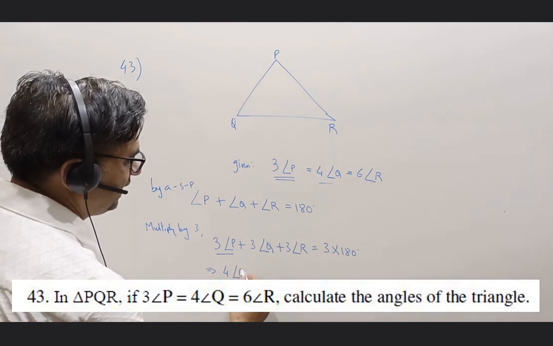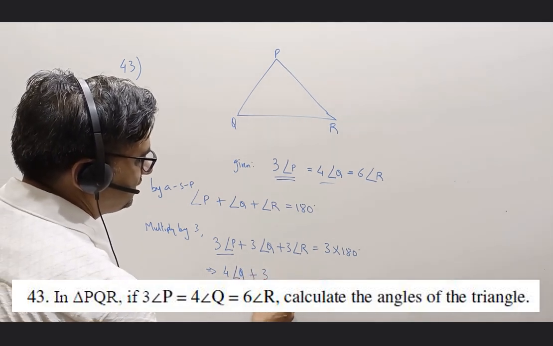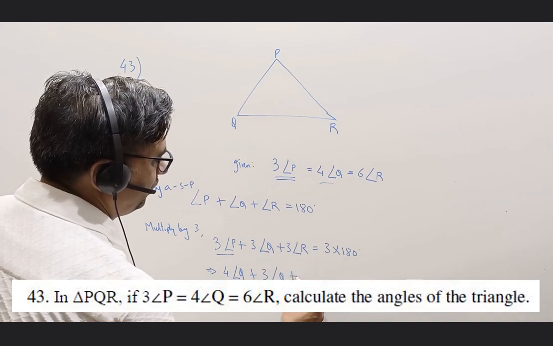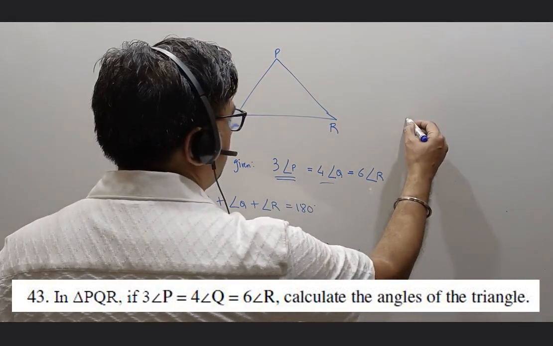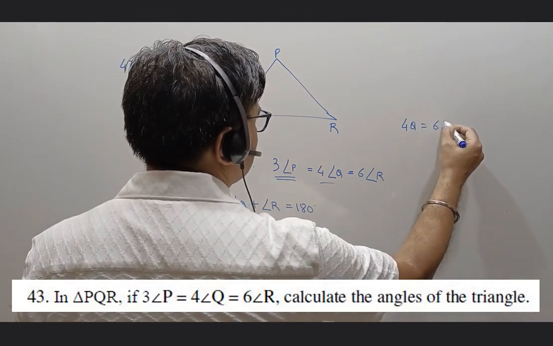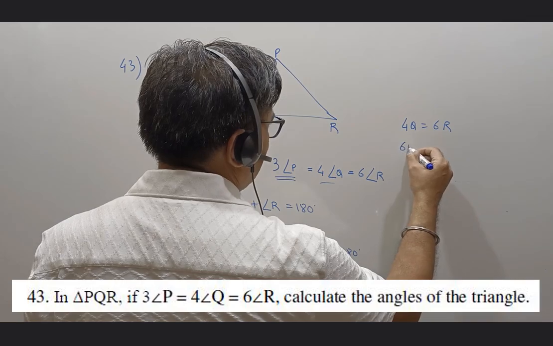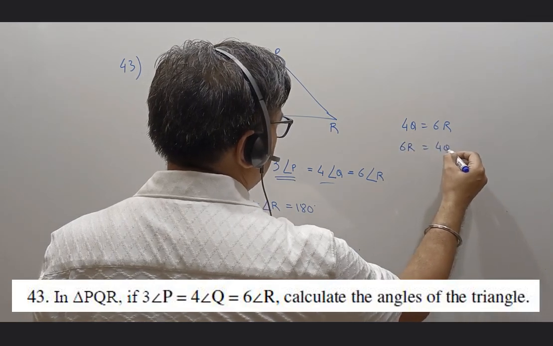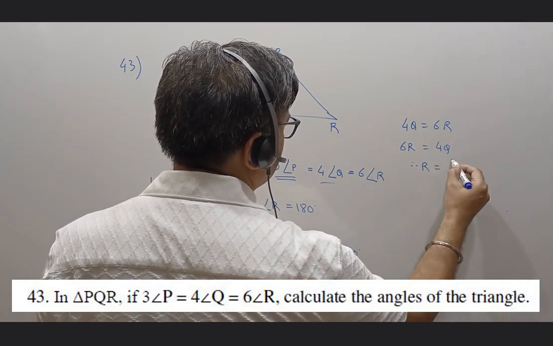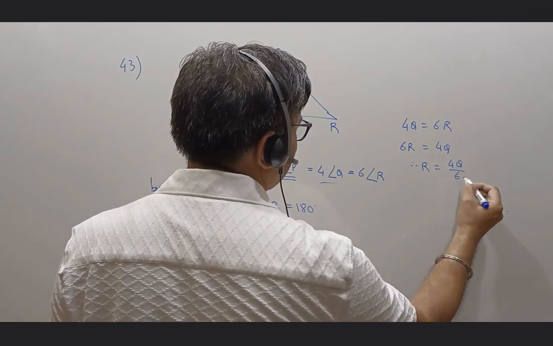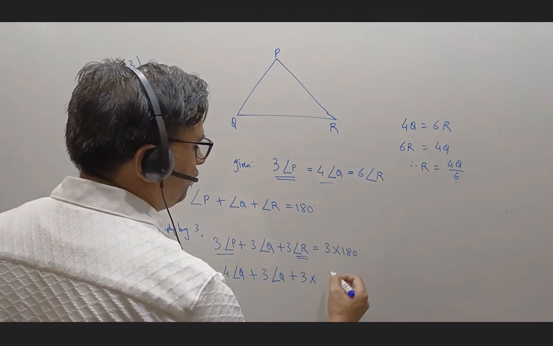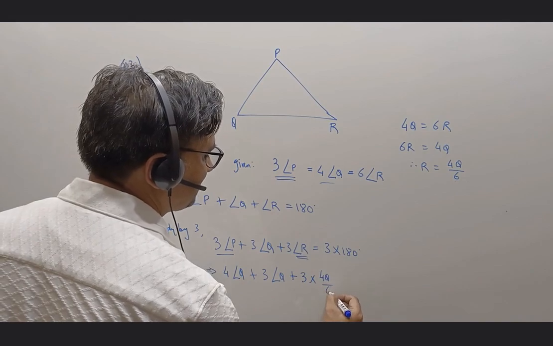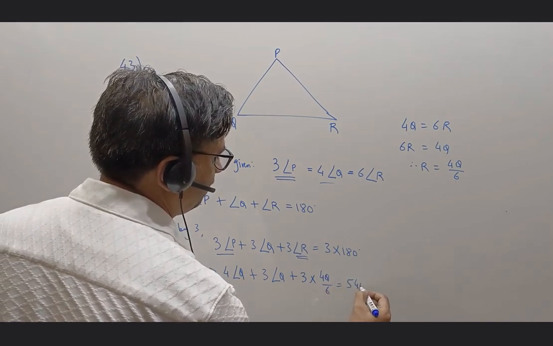So 4 times angle Q plus 3 times angle Q. In this case, 4Q is equal to 6R, or 6R is equal to 4Q, and therefore can I write R as 4Q by 6? So this will be 3 into R, which is 4Q by 6, and that is equal to 540 degrees.